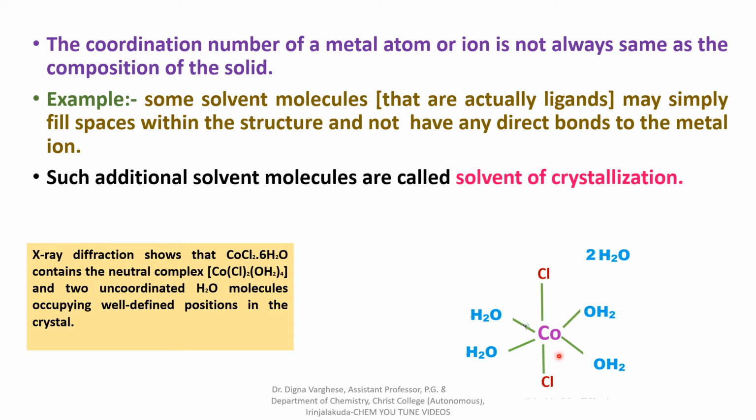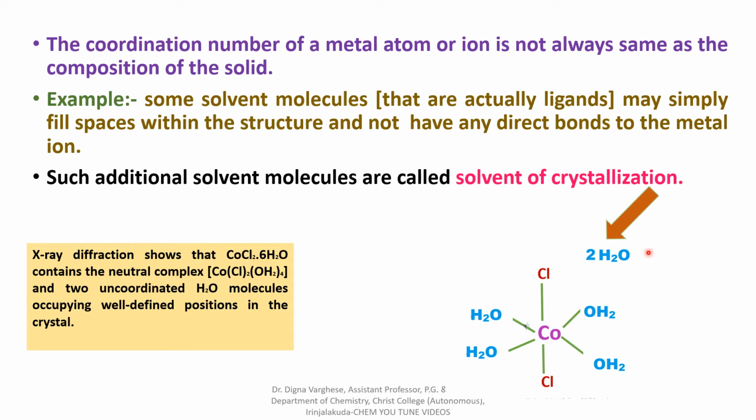So its coordination number is 6. But there are 2 water molecules present here. These water molecules have no direct interaction or attachment to the central metal ion. So such solvent molecules are called solvent of crystallization.